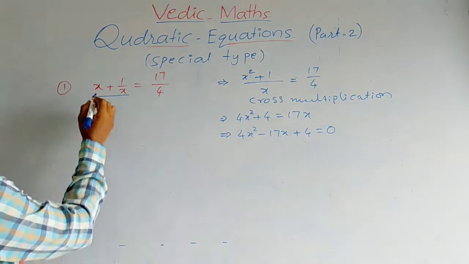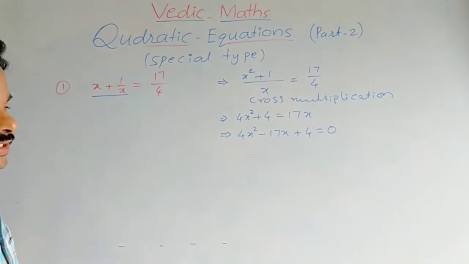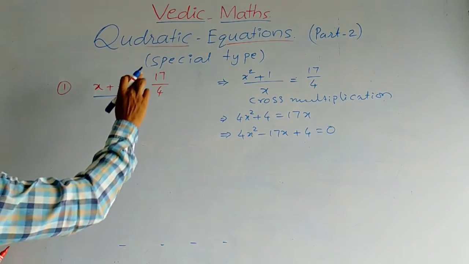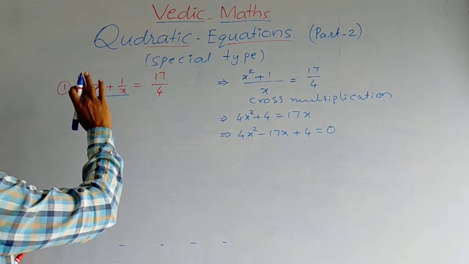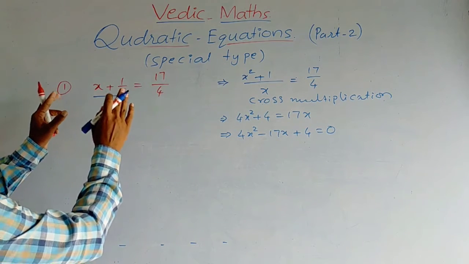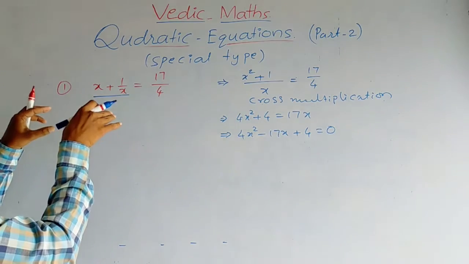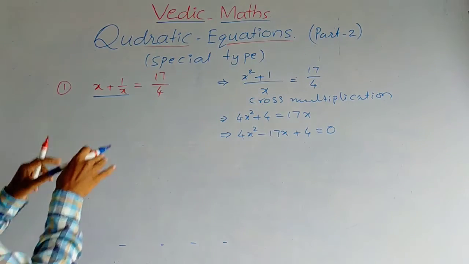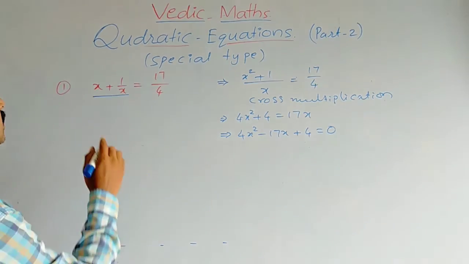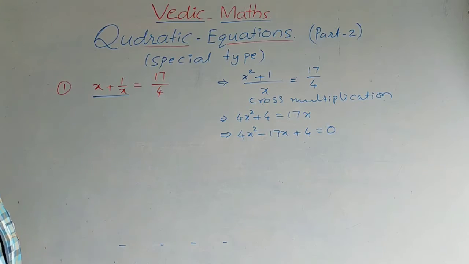That is why x and 1 by x are multiplicative inverses of each other. That's why it is called a special type of quadratic equation. For this type of quadratic equations only we can use the method I'm going to explain; by using this method we can solve this type of equations only.